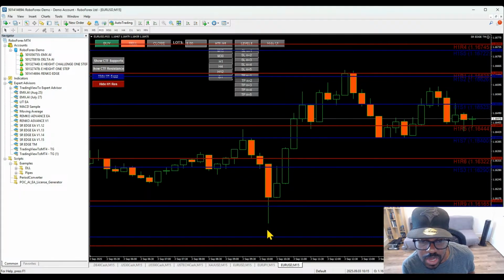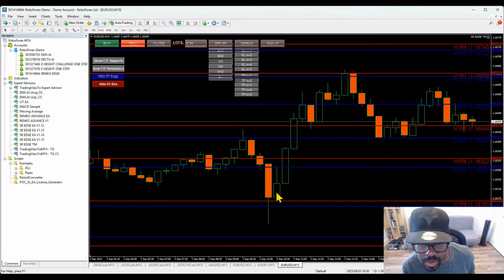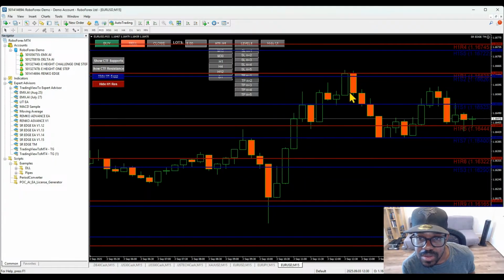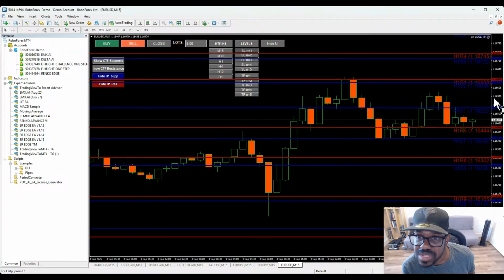When I saw this wick here and the support and resistance that was taken out here, and the price closed above those levels, and that was the actual candle after that, I told Leon better to get out of that trade because I'm pretty sure it's going to reverse and go towards the previous resistance level. And as you can see, it went toward this one here.